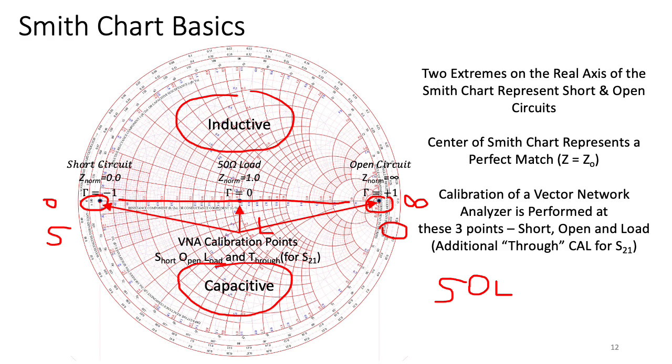And similarly, I place an open circuit on the output of the port and look at where that reflection coefficient is measured. If they don't fall on these 3 points and along this axis, then the parameters of the network analyzer are adjusted until they do so, and that's the calibration process.